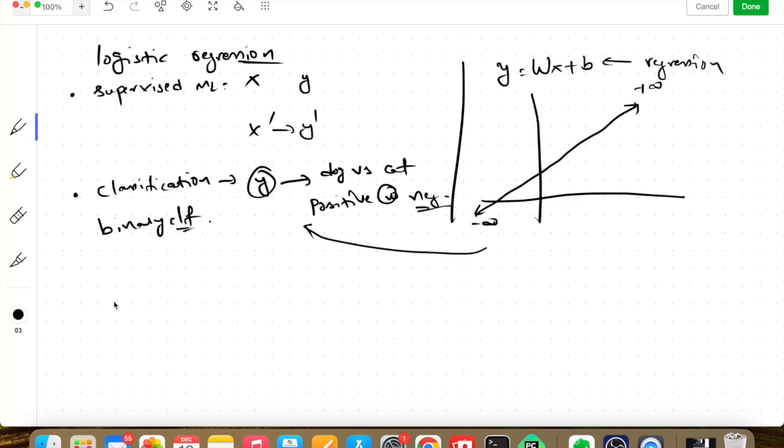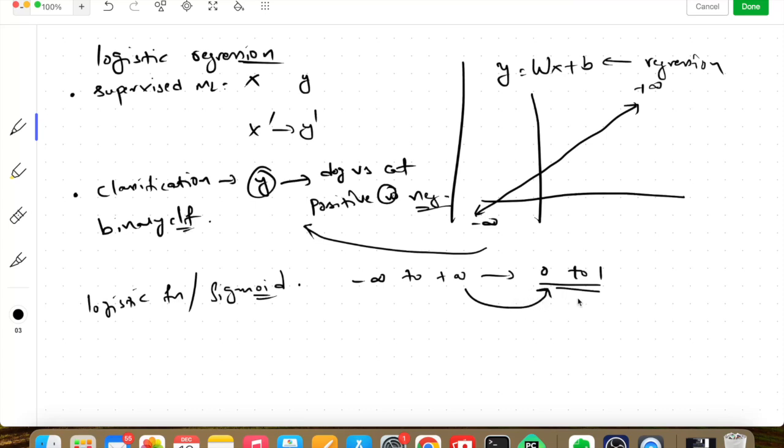For that, there is a function in mathematics called the logistic function or sigmoid function, which can come to our rescue, and then we can translate the range of y from minus infinity to plus infinity to 0 to 1. So essentially we are translating the target variable domain from minus infinity to plus infinity to this range in the probability of 0 to 1.